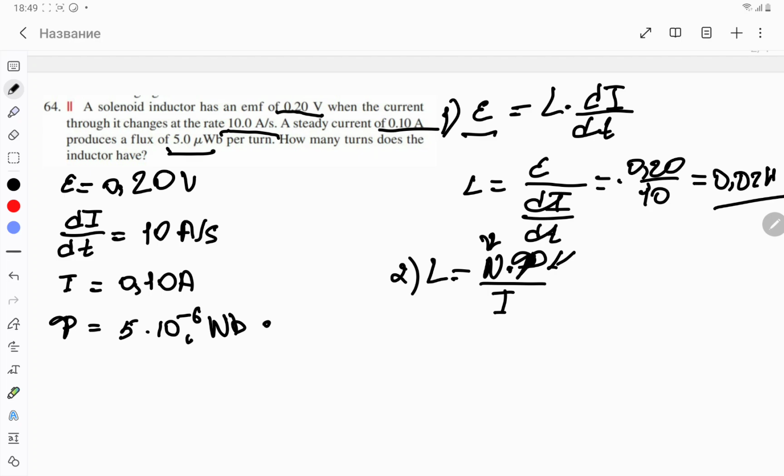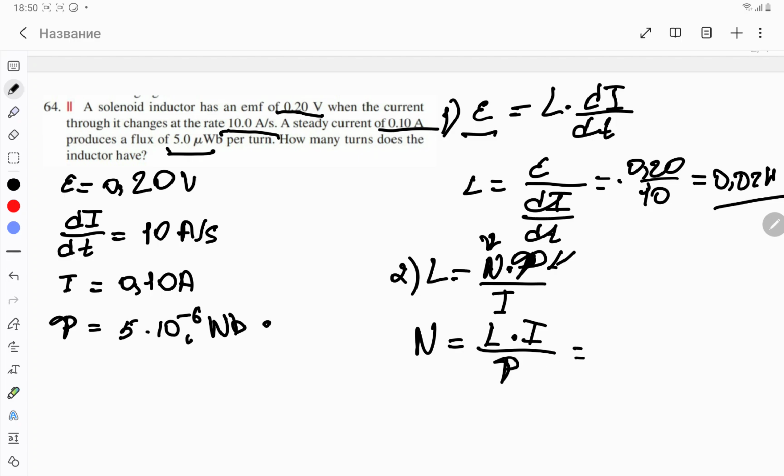So when a steady current flows through the coil, the total flux linkage is equal to N times the flux. So this is the perfect formula to find N. We already know L, current and flux. So let's solve for N. N is equal to L times current over flux.